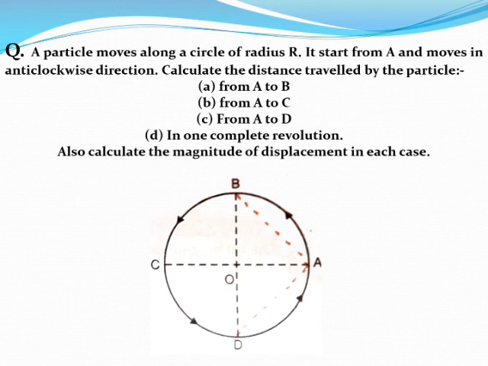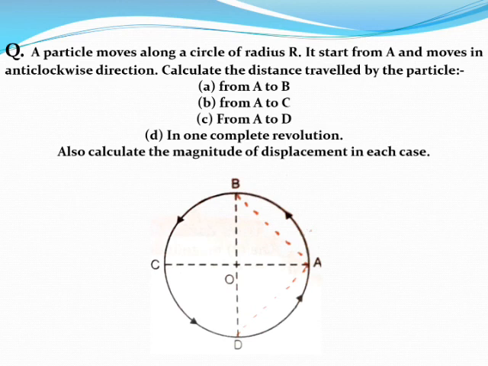Now, there's again a question for you guys, which is, a particle moves along a circle of radius r as given in the diagram. It starts from A and moves in anti-clockwise direction. Calculate the distance traveled by the particle.